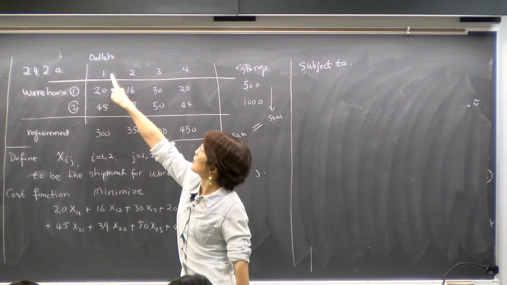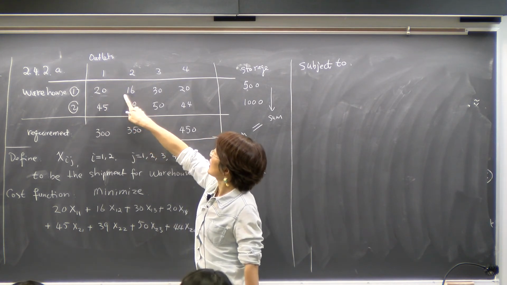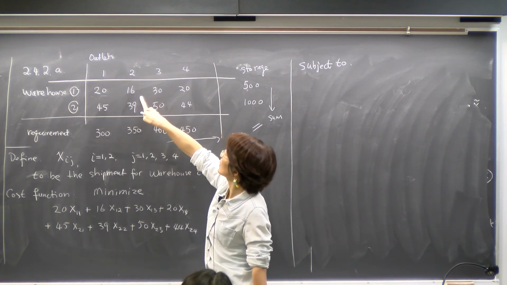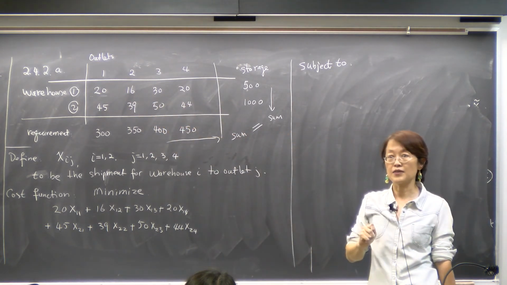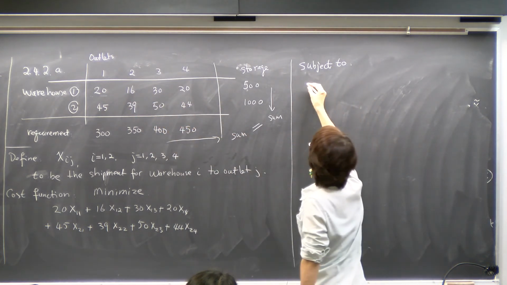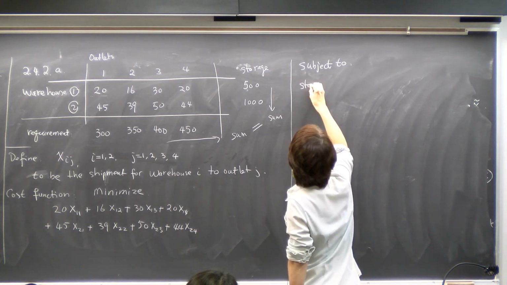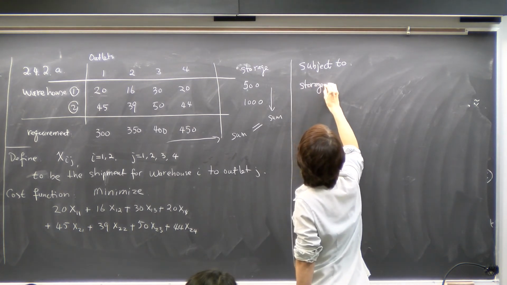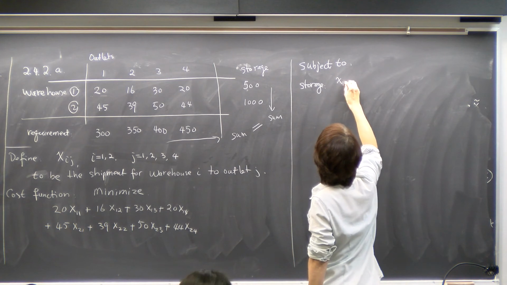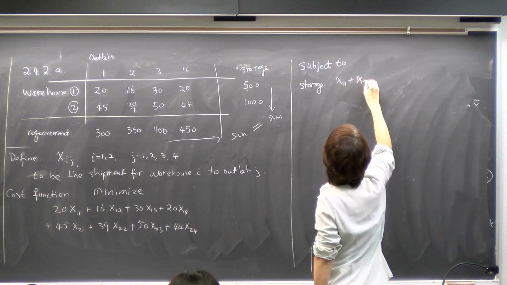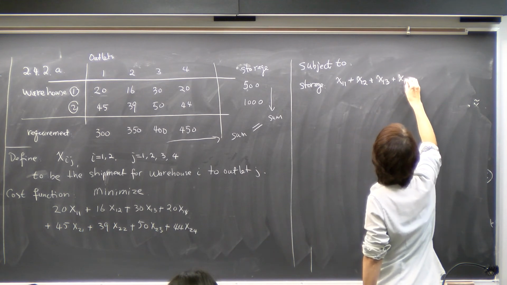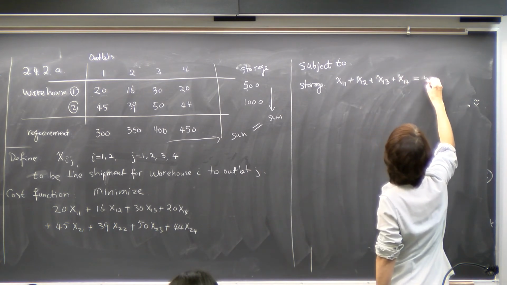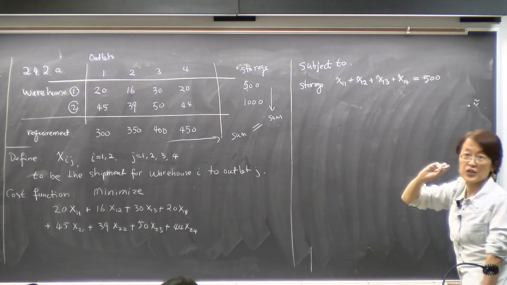Well, you ship that many to outlet 1, x11, x12 to outlet 2, meaning you have to add all the x's in here. Is that right? So let's write the storage constraint caused by that. So I will have x11 plus x12 plus x13 plus x14. They must add up to 500.